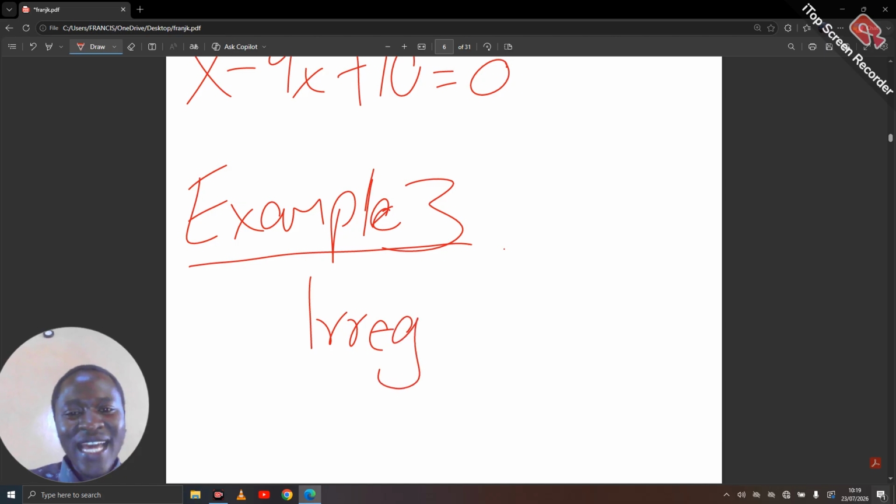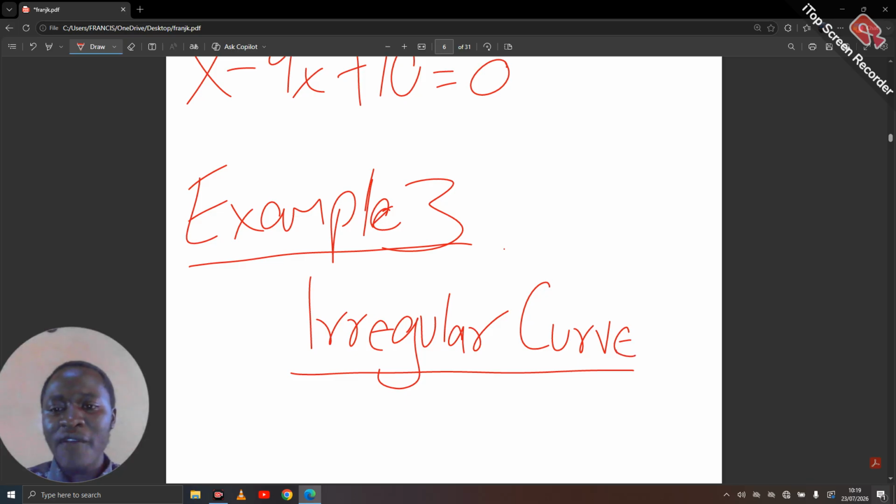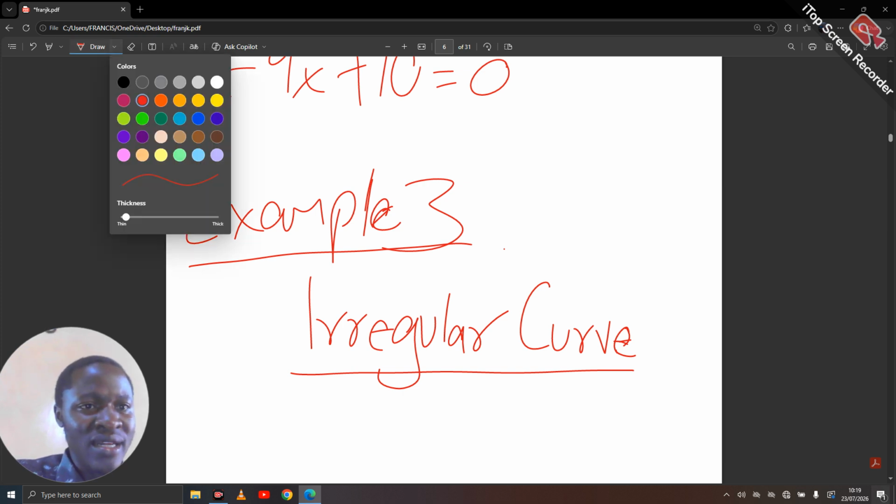Though this one is rarely tested in exams, in a mathematics contest you must meet it. It is called the irregular curve. Those contests contain very brave students, so easy things will never be tested in that contest.